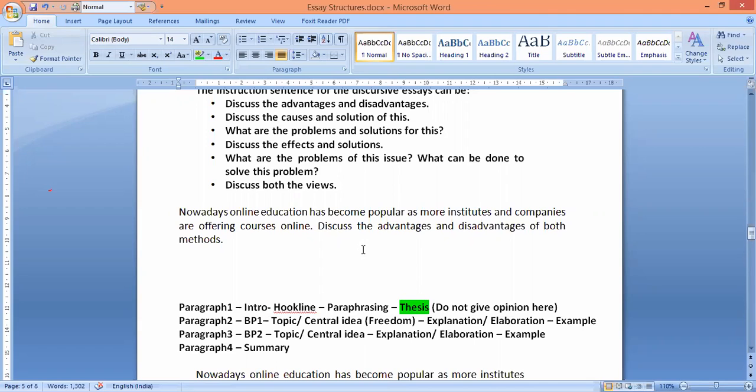Good introduction. If you are able to mention in good words what you are going to discuss, what your advantages and disadvantages are, it is very easy for the examiner to understand the whole essay. Generic statement is also okay, but specific is above generic.